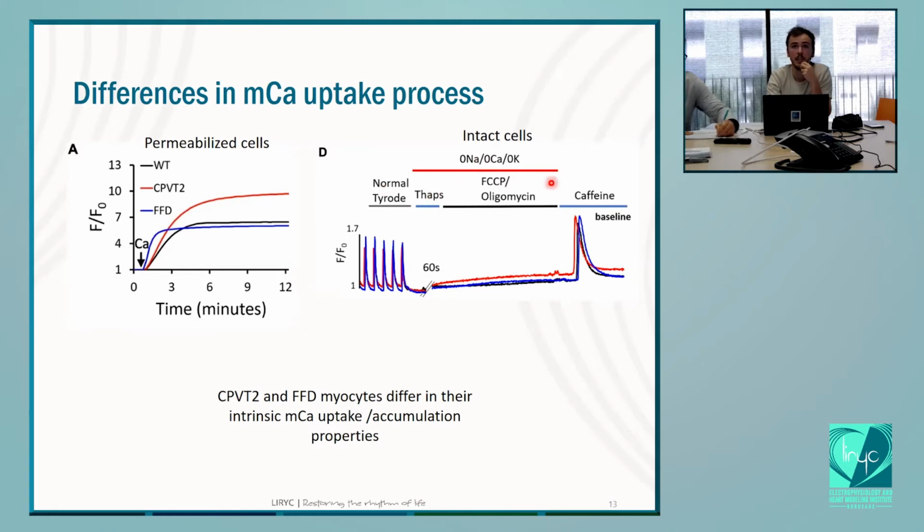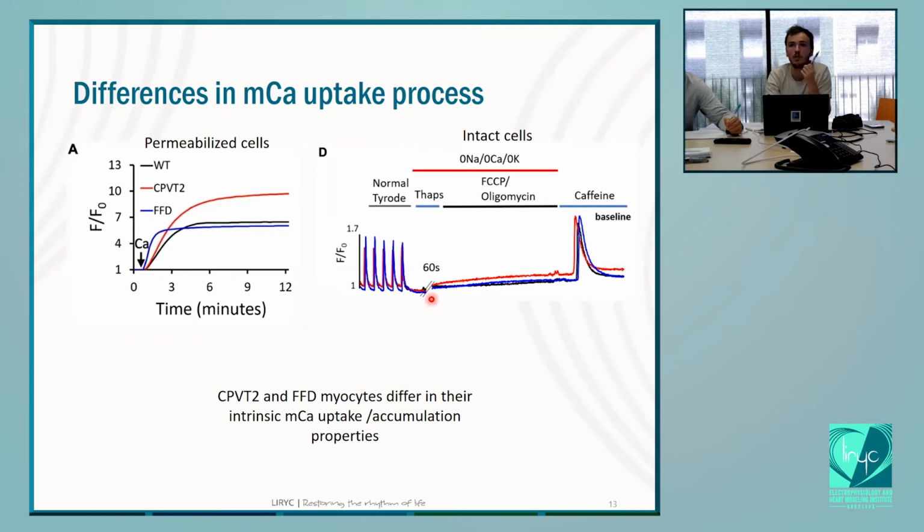And here in intact cells, they are going to pace the cells to reach a steady state. Then they are going to treat them with thapsigargin, which is a SERCA inhibitor, to avoid a repump of the calcium in the SR. And they are going to uncouple the mitochondria with the FCCP.